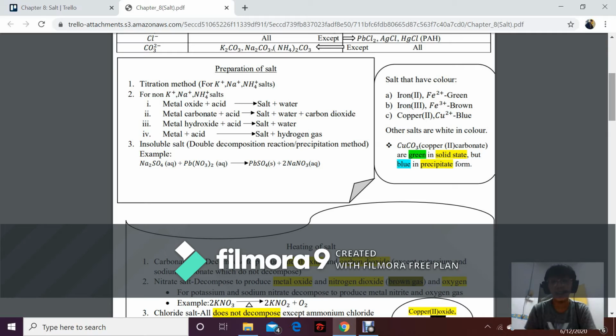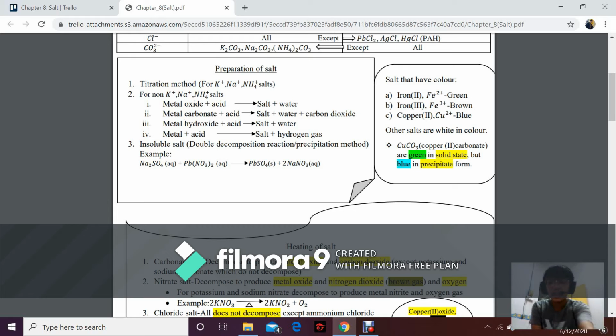Please remember the color. The last one for the color is copper 2 carbonate. Just now I said copper is blue in color, but copper 2 carbonate is green as a solid. This is the exception. In solid state, copper 2 carbonate is green, but it is blue in precipitate form.